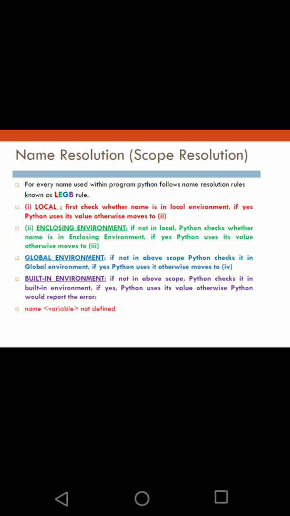Then if it is not there, it goes for the global environment. And even if it is not in the global environment, it checks the built-in environment. We know that we use some built-in functions, so it checks whether it comes under that built-in environment also. If it is not available in these four sections, then it raises an error showing that the name of the variable is not defined.